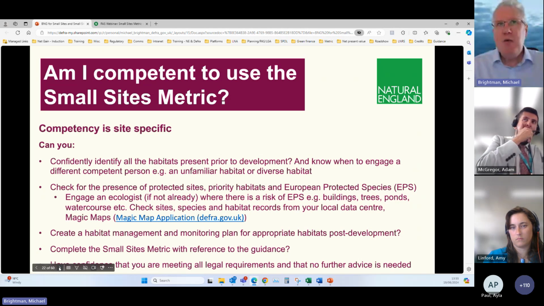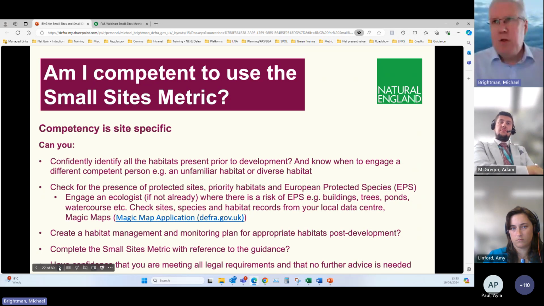Where there's any doubt, it would be required to engage an ecologist, if one hasn't been engaged already, where there's any risk to European protected species, for example a building on site, trees, ponds, or watercourse. They can do that through the Magic Maps application, where they can check the site, and species and habitat records from the local data centre.